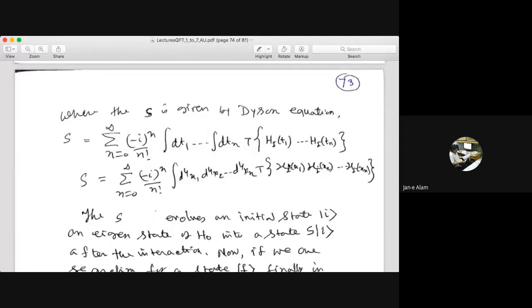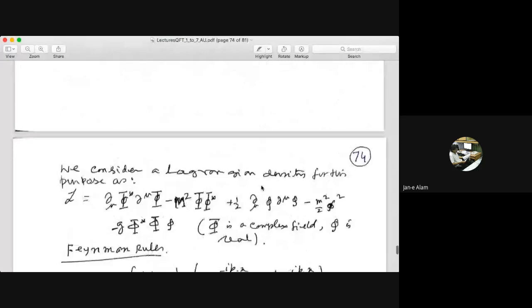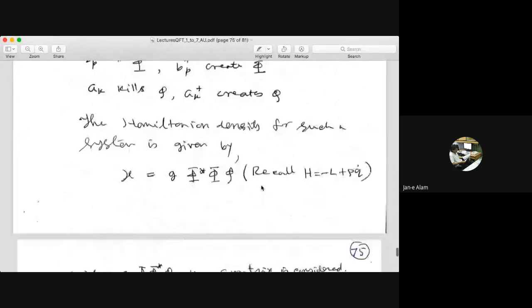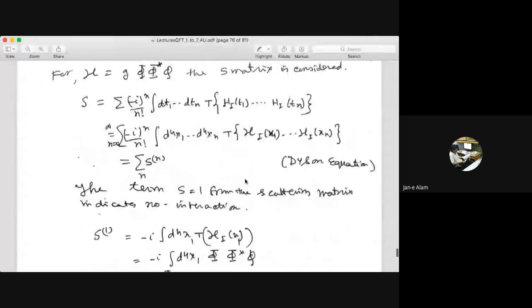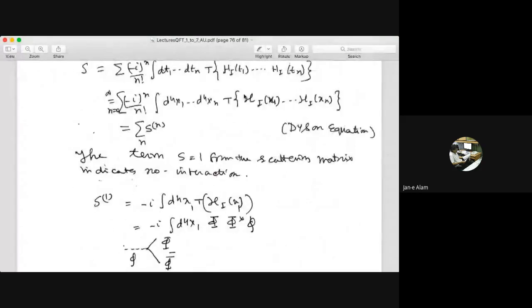This has many infinite orders of terms. I can start from n equal to 1, 2, and see what we are getting. So this H we will put in that expression. Now, let us take the term n equal to 1. When you take n equal to 1, you will have d4x1, the time-ordered product of this Hamiltonian H_I, which I just wrote like this here.